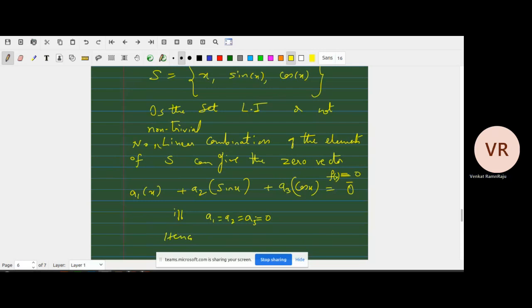Hence S is a linearly independent set. So I'll end the class here.